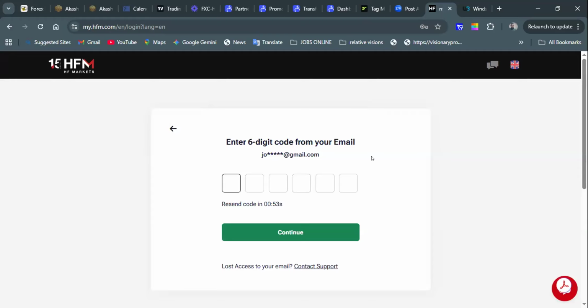So the next thing we want to do is to create trading account.